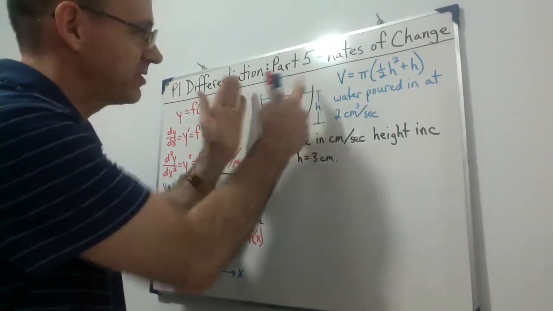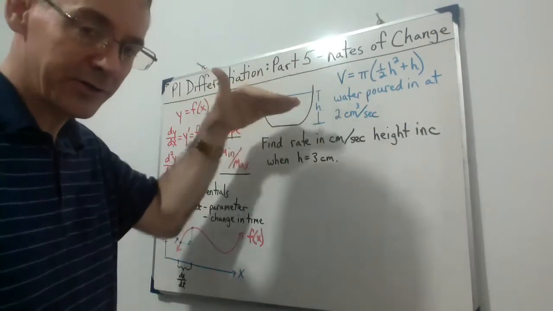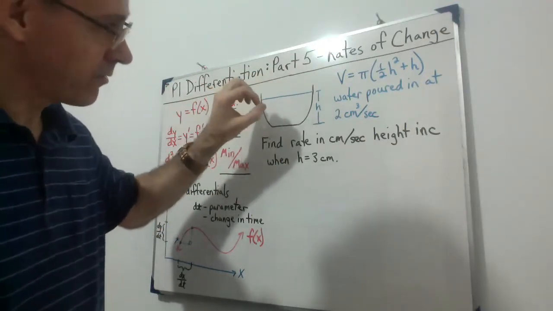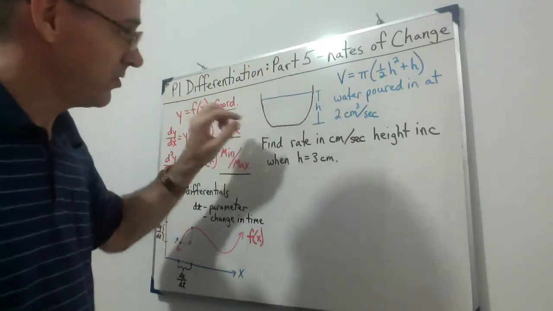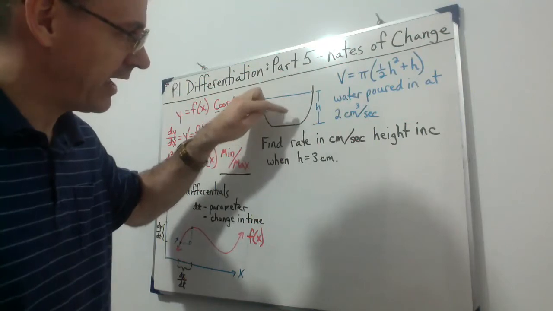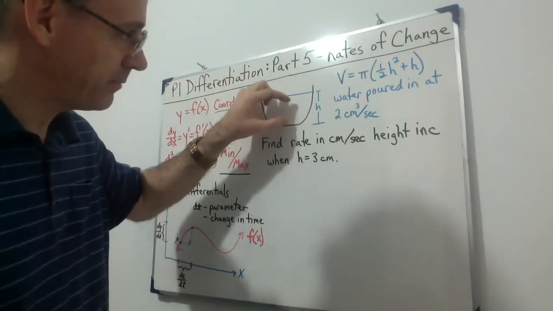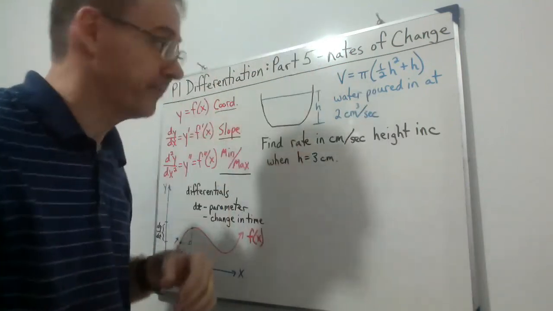But as you get towards the top of the bowl that's wider, which means it takes more water to fill that slice of area, then the height will be increasing more slowly. So the rate of change of the height will be faster at the bottom, slower as you get to the top because it's getting wider.